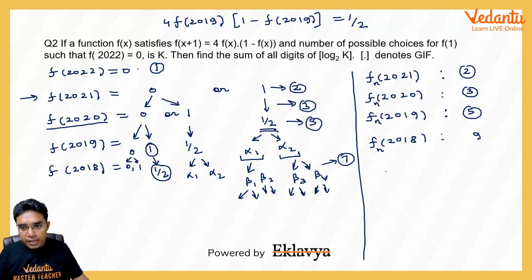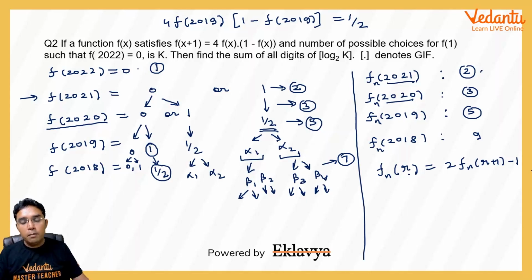So I think it can be written like f of n r is equal to 2 times f n r plus 1, minus 1. You can check this number is decreased by 1, and for this decreased value of r, the number of such values is 2 times the previous value minus 1.